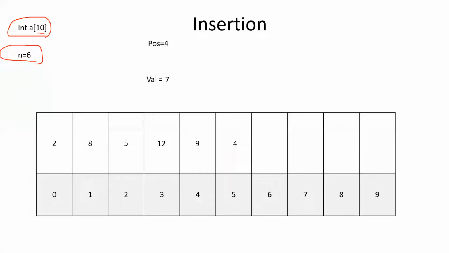If position is 4, what will be the index number? I want to insert in this position. I counted and told I need 3. Index number will be 3. So how is it related? Index number is position minus 1, right? Yes, ma'am.